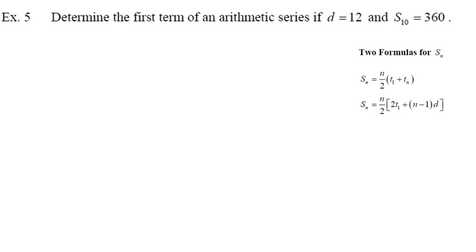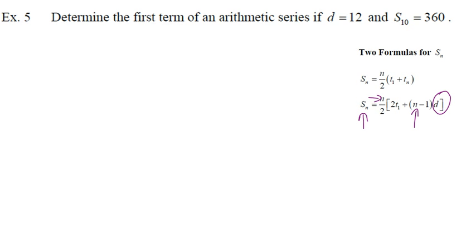Determine the first term of an arithmetic series if d is 12 and S10 is 360. In this case, we know d, we know n, and we know S sub n. The only thing we don't know is T sub 1, which is what they're asking us to find.